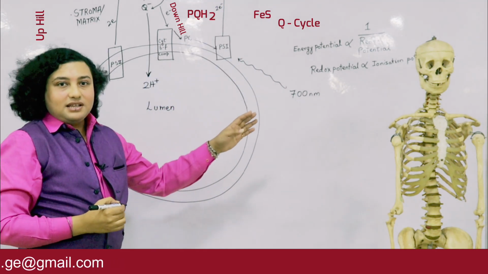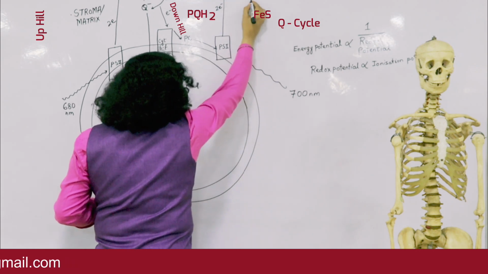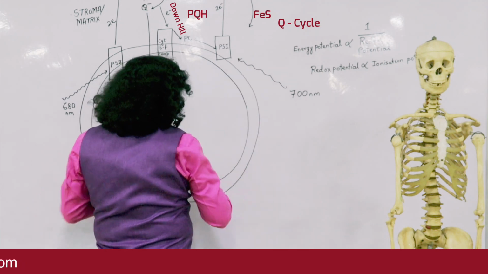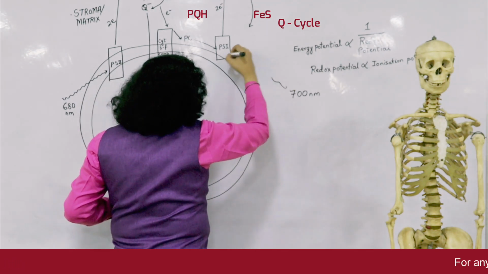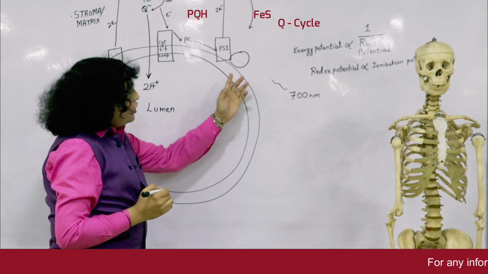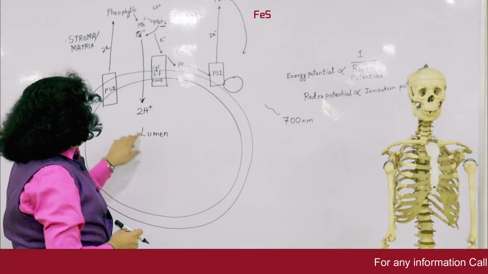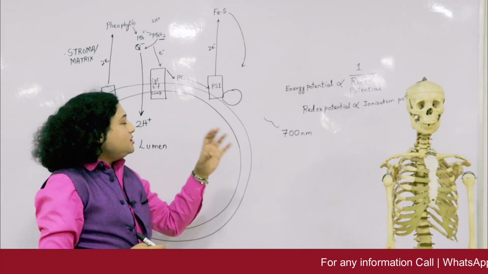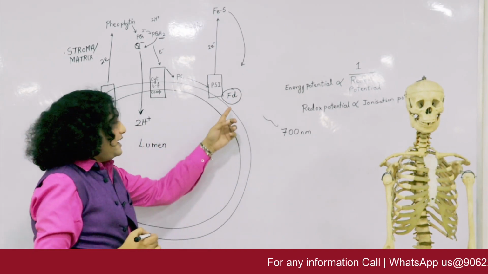Now from the iron sulfur cluster, the electron will be moving down to another complex which is loosely associated on the outer side of the thylakoid membrane. This is very important from an examination point of view: this particular protein is known as ferredoxin, I can write it like FD.